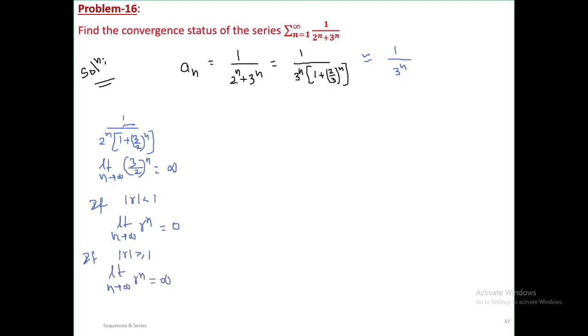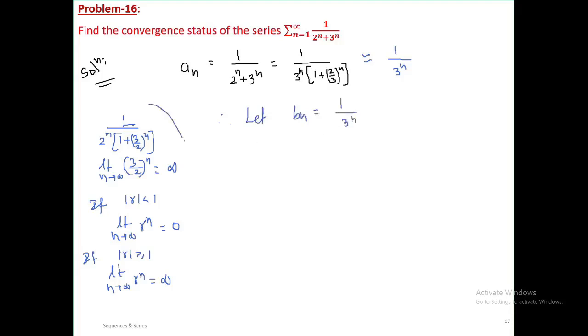So here what is r? 3 by 2, that is 1.5, which is more than or equal to 1, therefore the limit value becomes infinity. That's why I am taking 3 power n as common. So therefore let bn is 1 upon 3 power n.